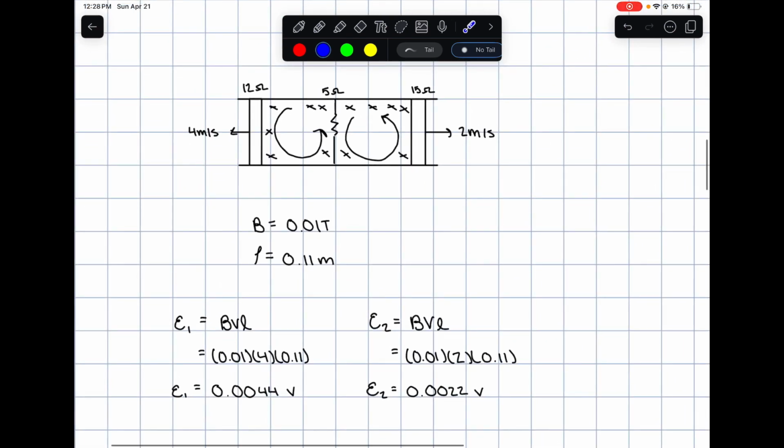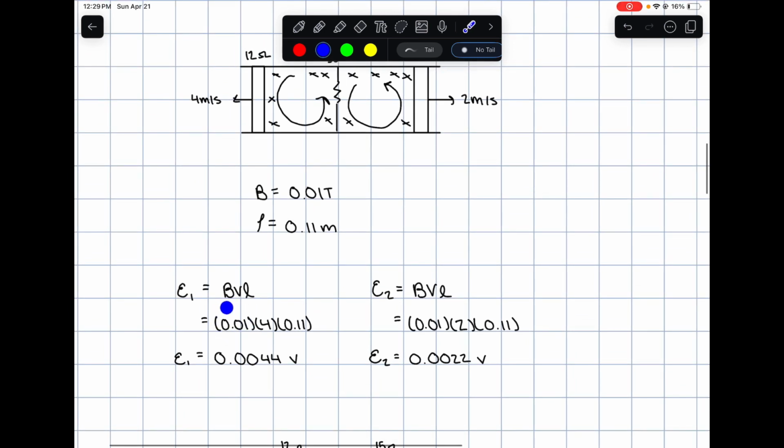We know that induced EMF is B times V times L. We were given all three: the magnetic field, the speed, and the length. So we can plug in each one to find the induced EMF on each bar. Let's start with the EMF on rod 1, the rod toward the left.